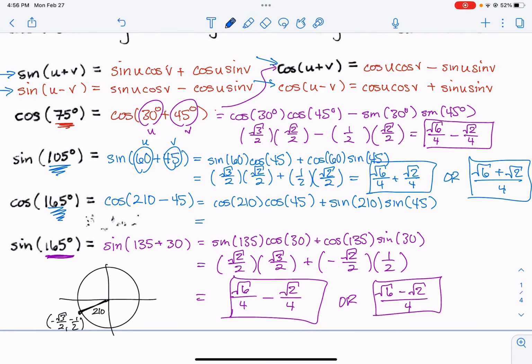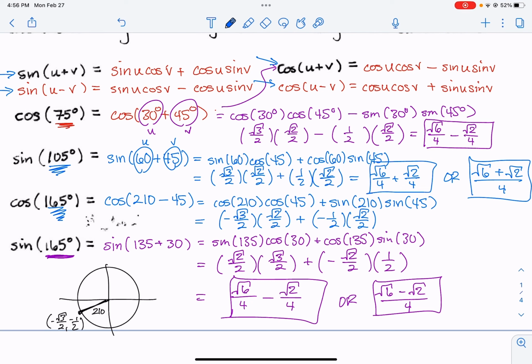So cosine of 210 must be negative root 3 over 2. And then cosine of 45, that's radical 2 over 2. And then plus sine of 210, that's going to be negative 1/2, and then sine of 45 is radical 2 over 2.